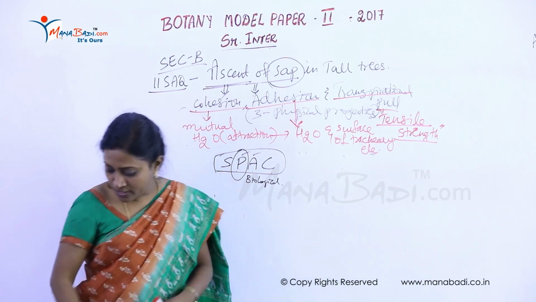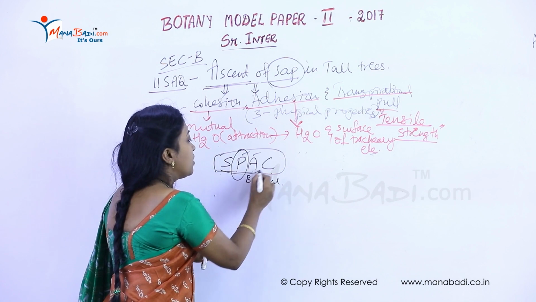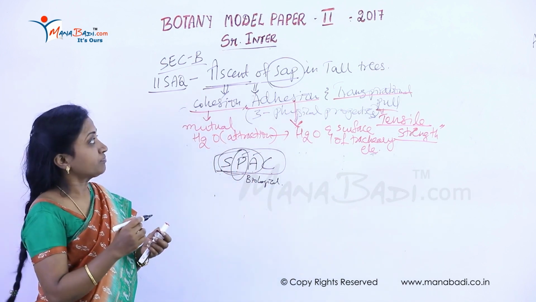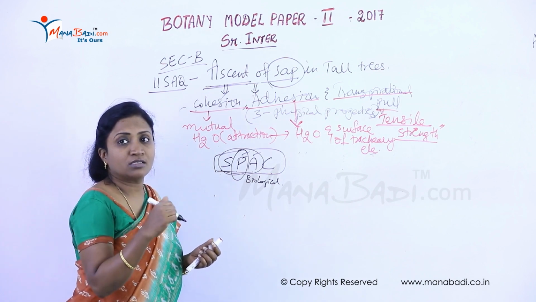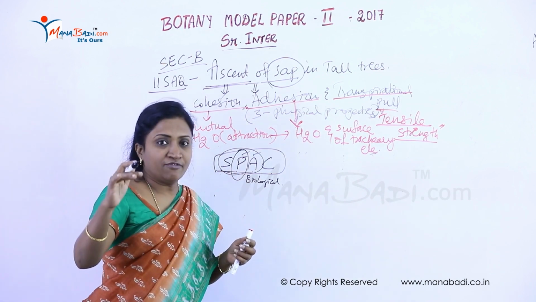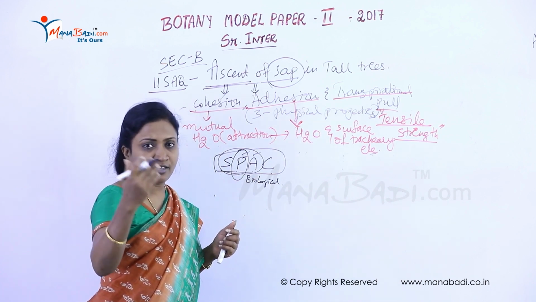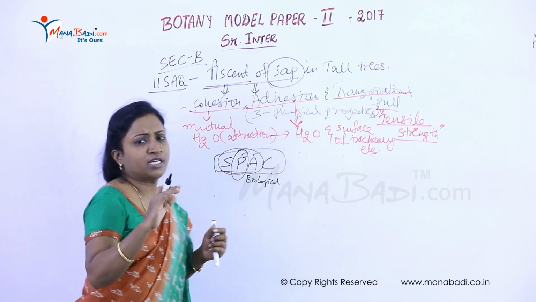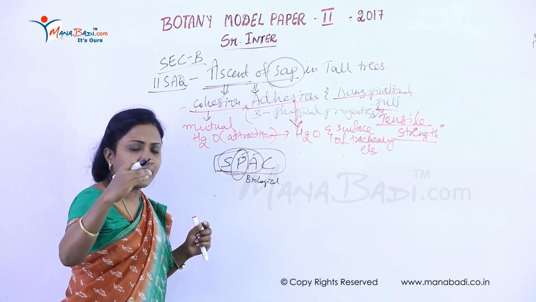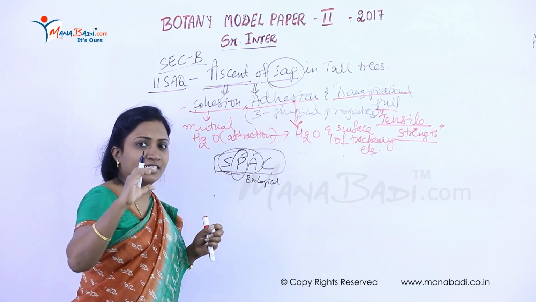As the water is lost from the leaf in the form of vapor, which is called transpiration, due to the surrounding atmospheric conditions, water will be lost in the guard cells.